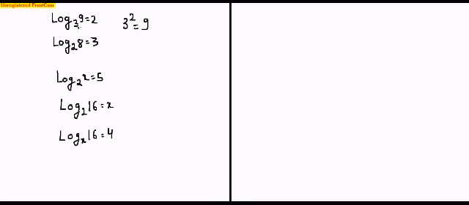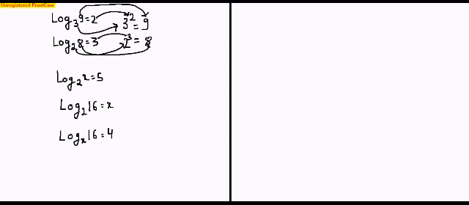As you can see, the base I brought here, 2 I brought in the power, and 9 I brought on the right hand side as a result. Similarly, log base 2 of 8, 2 I bring here, 3 I bring in power, which is 2 to the power 3, and 8 becomes the result or RHS.